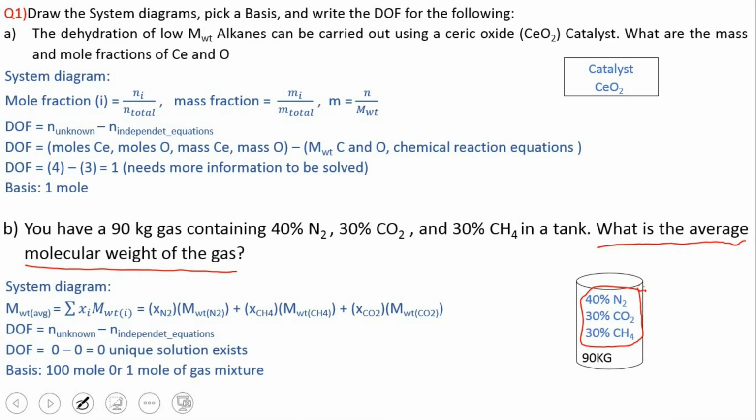So how can we solve this question? We know that the average molecular weight is equal to the sum of molecular weight times its fraction.